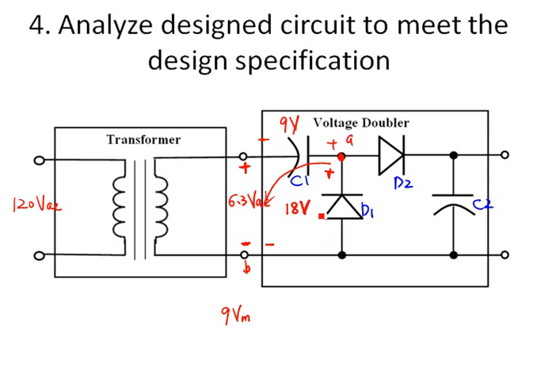D1 is off, D2 will be on because the current flows from left to right. So it's going to charge capacitor C2 to its maximum value, 18 volts.